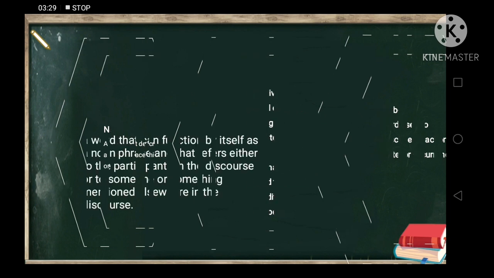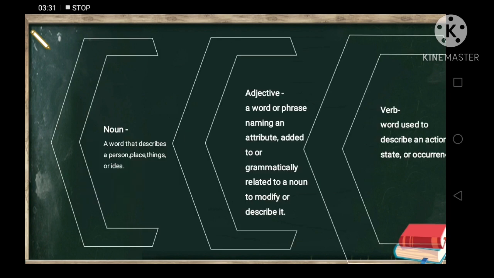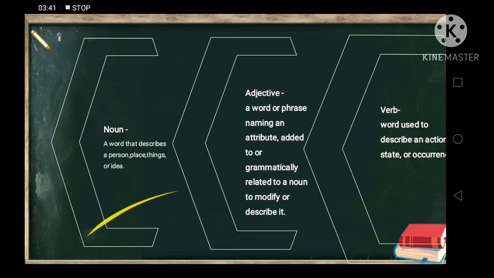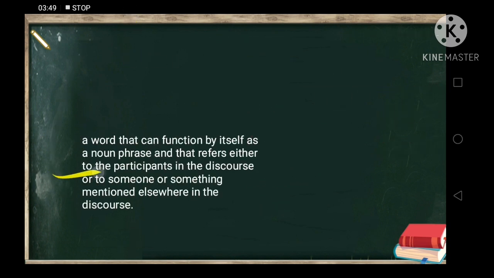Third on the list is the verb. A verb is used to describe an action, state, or an occurrence. So when we are talking about verb, I'm going to give you an example.